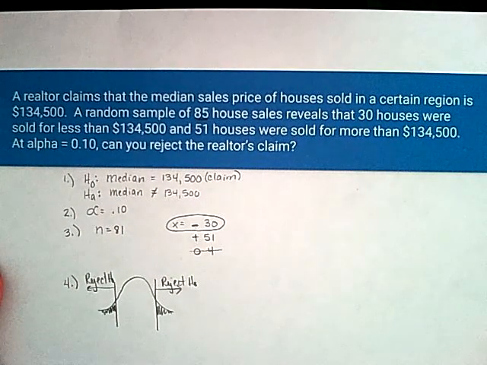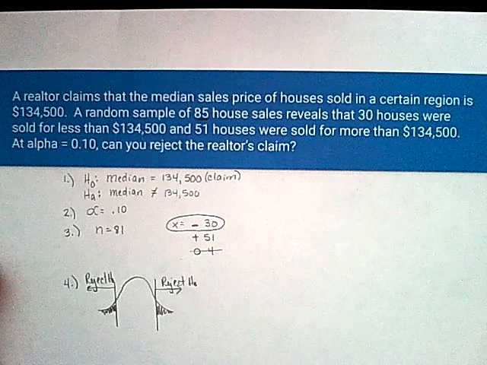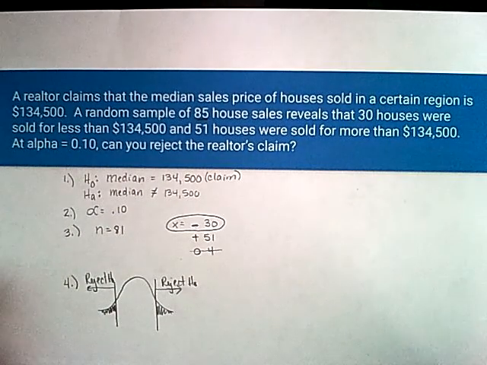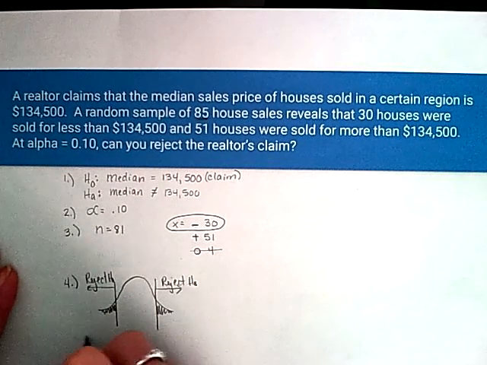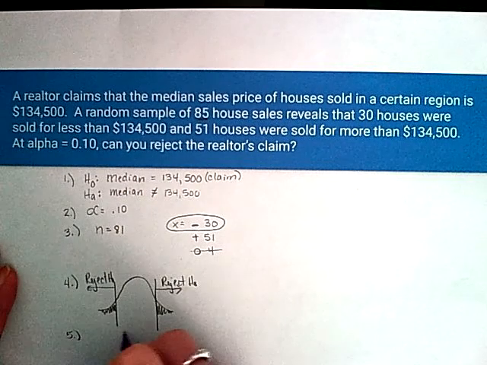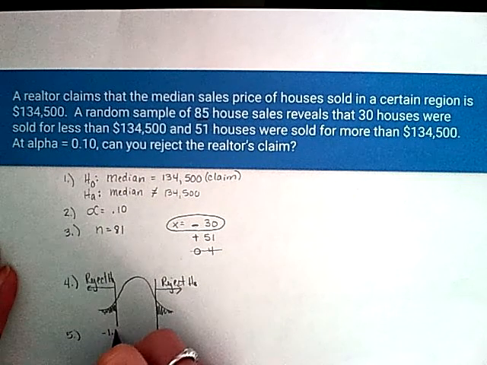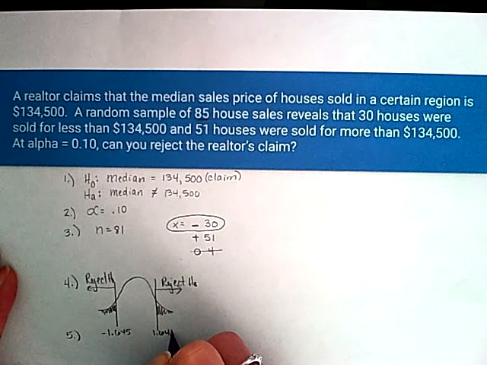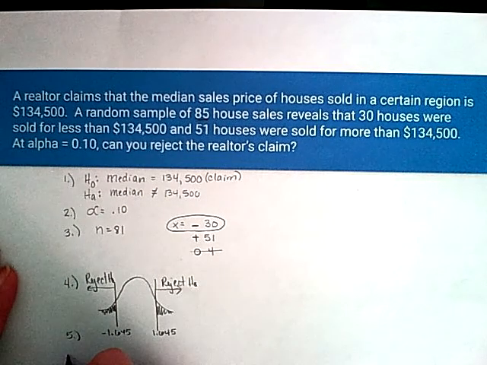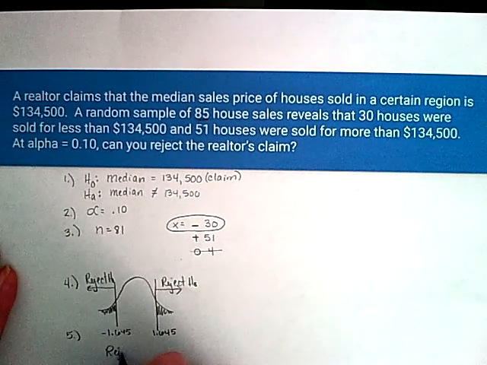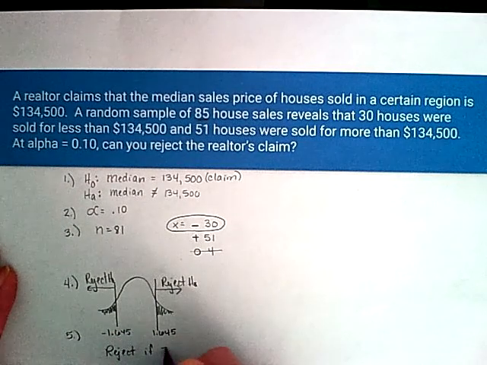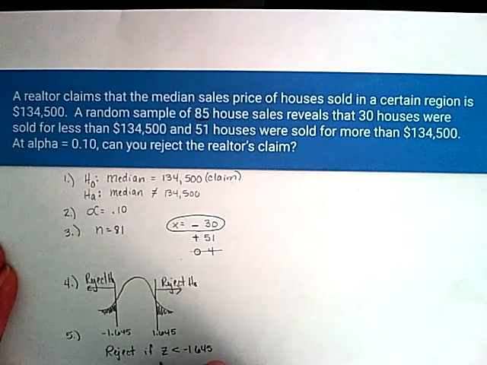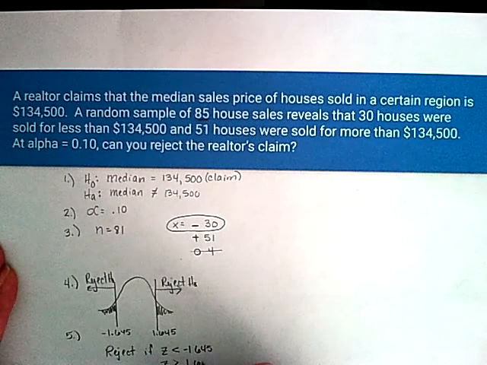Since I'm looking at an alpha of 0.1, but we split it up on a two-tailed test to 0.05, I get that my critical values are negative 1.645 and positive 1.645. So my rejection region, we're going to reject if our z is less or if z is greater.